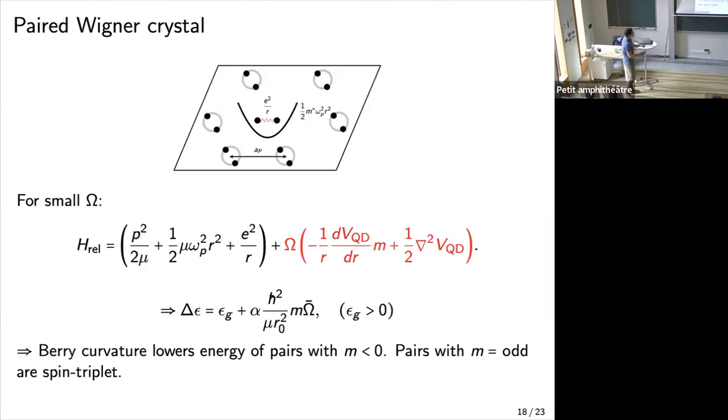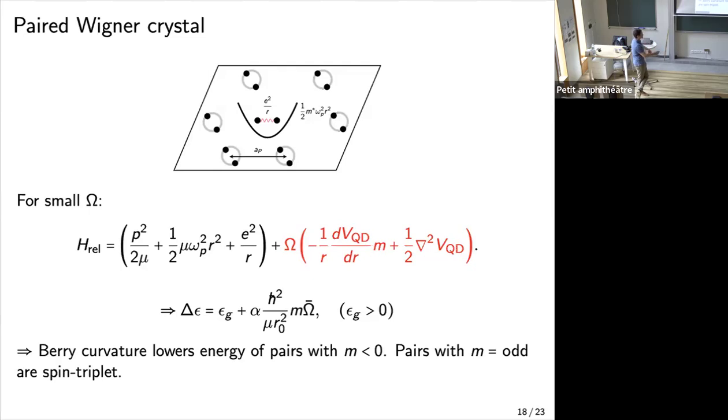The important observation is that this Berry curvature term tends to lower the energy of pairs with non-zero orbital angular momentum. In particular, it lowers the energy of pairs with negative orbital angular momentum. Negative means anti-aligned with the sense of the Berry curvature in the band.